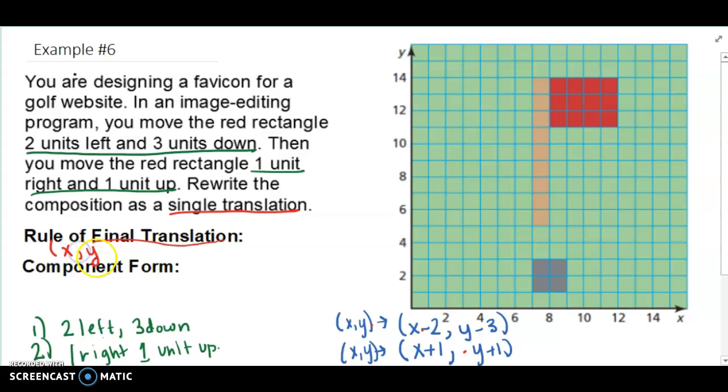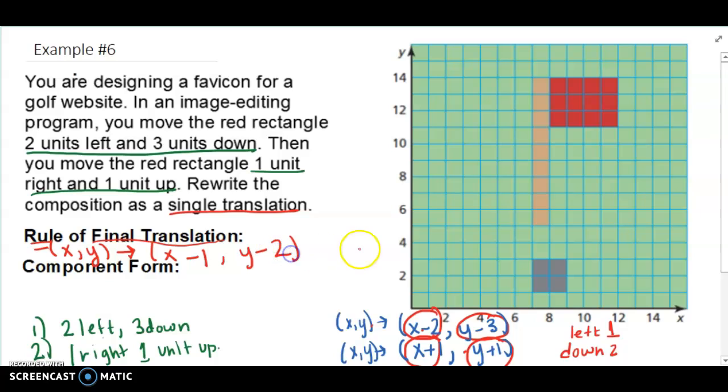So I'm going to say x comma y goes to, anytime it wants the rule, we put it in this form. Okay, so if I move left 2 and then right 1, really I would just move left 1. Okay, so left 1 is x minus 1. And if I move down 3, but then up 1, total, I'm really moving down 2.